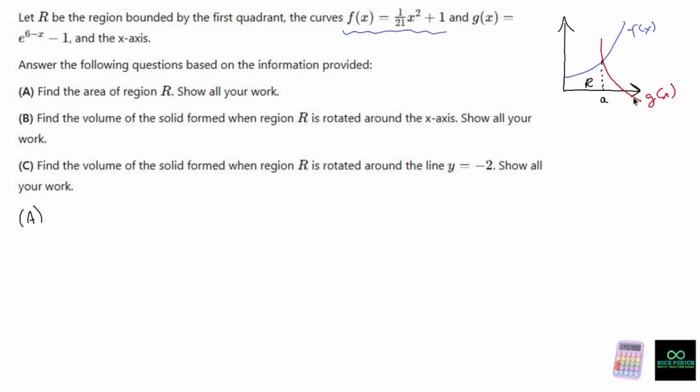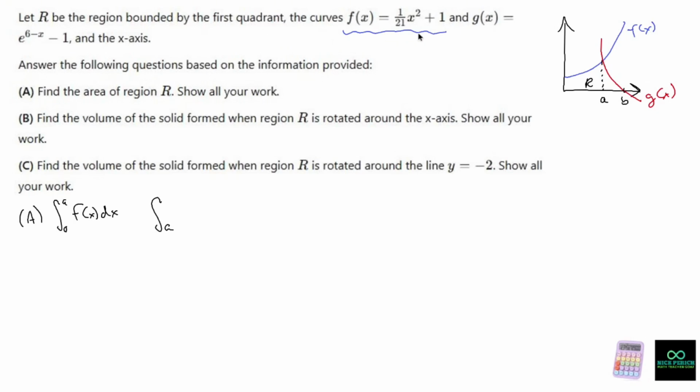If I wanted to find just the area under this blue curve, I would take the integral from 0 to whatever that A is, and that blue curve is f of x dx. That gives me this area. Now, that's not all I want, because I also need this chunk right here. That's going to be the integral from A to this guy, which we will call B.